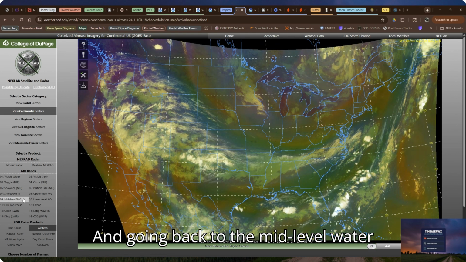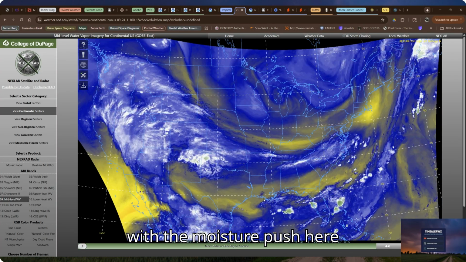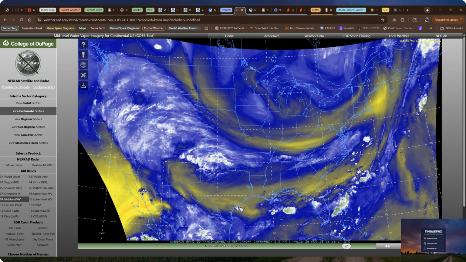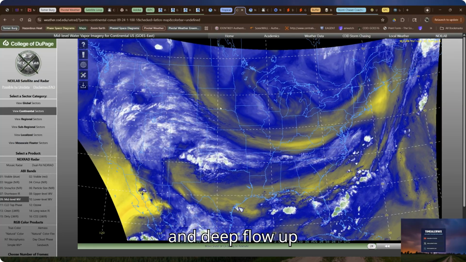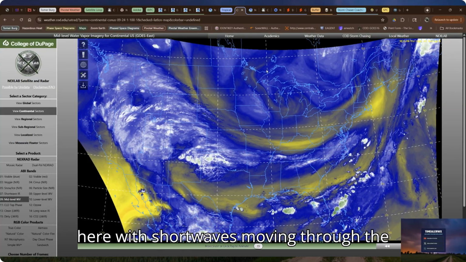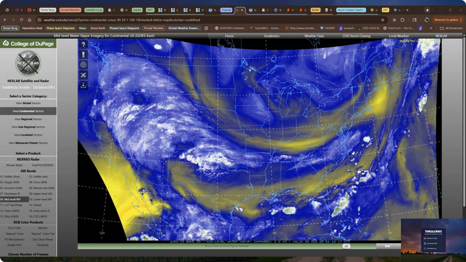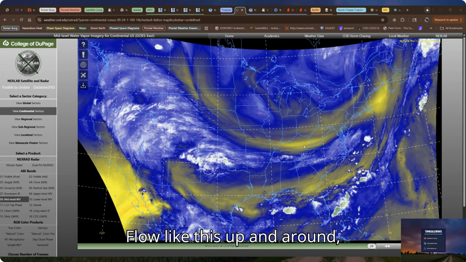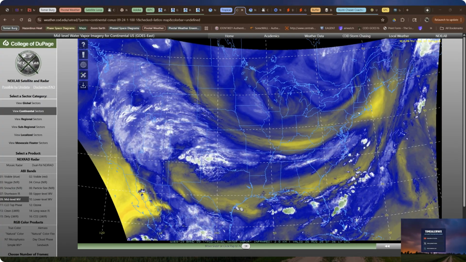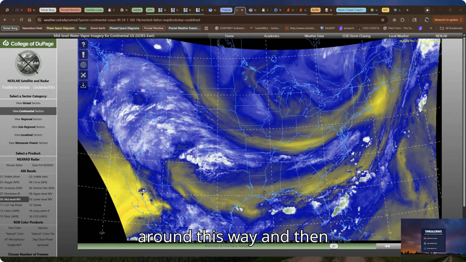And going back to the mid-level water vapor, you see what I'm talking about with the moisture push here, up and around high pressure, and deep low up here, with short waves moving through the flow. Flow like this, up and around this way.